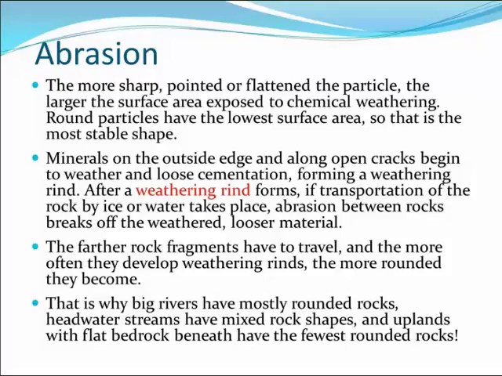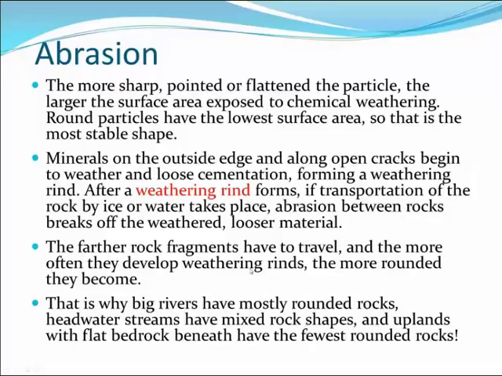And what happens then is we develop a weathering rind, and this is an area of more highly weathered rock around the outside of an unweathered rock. And so if we break that weathered material off, then we get it. It gets broken off in the process called abrasion.